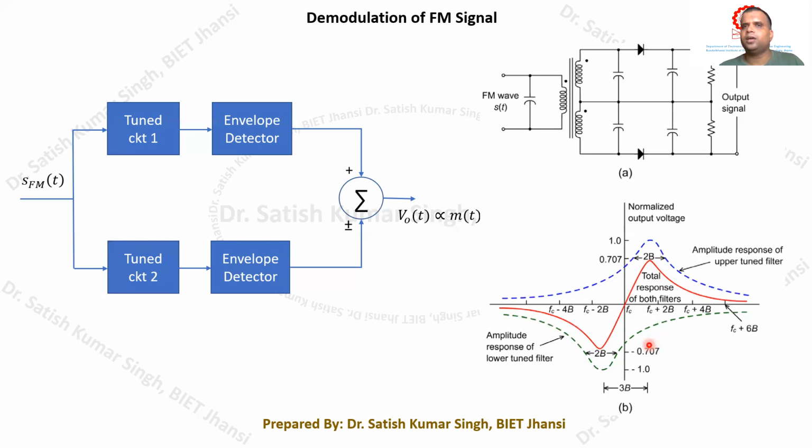We know that the maximum frequency deviation is fc plus delta f, and the minimum will be fc minus delta f. So our frequency will be varying between these two only, and therefore we have to bother only about this frequency range, from fc minus 2b to fc plus 2b.